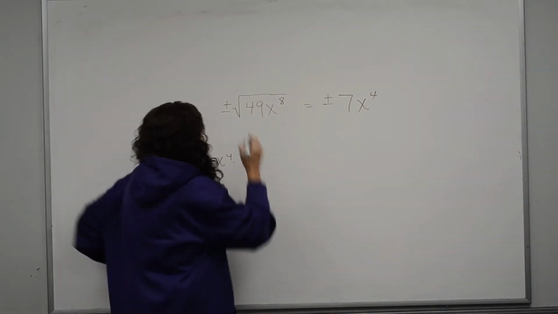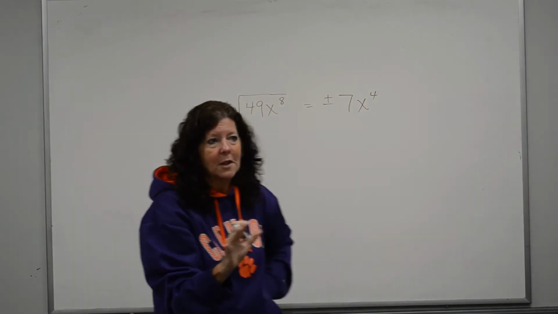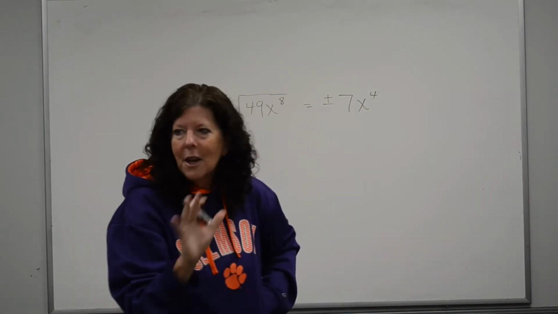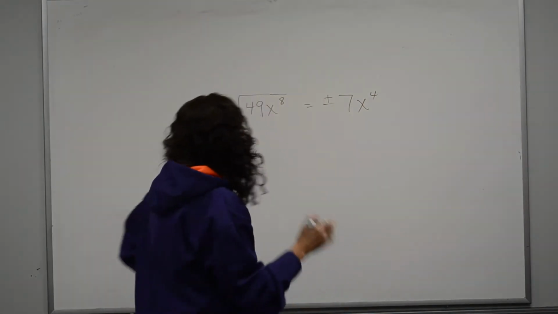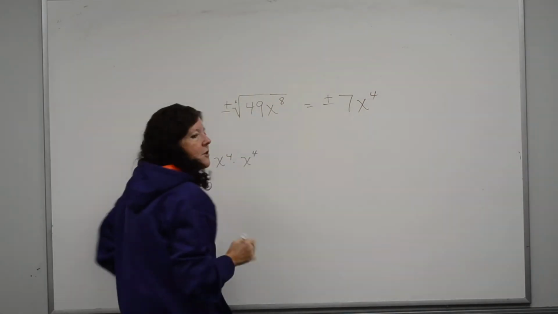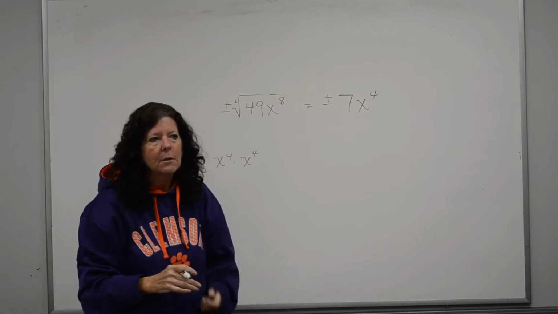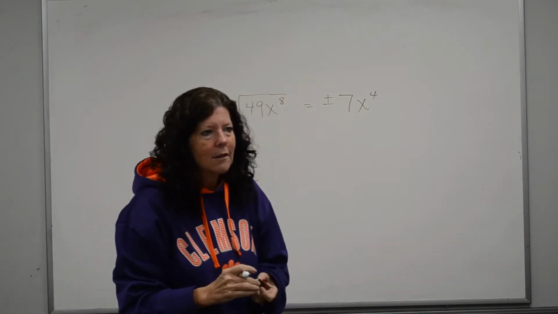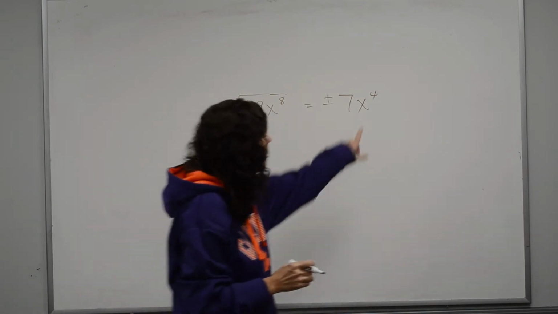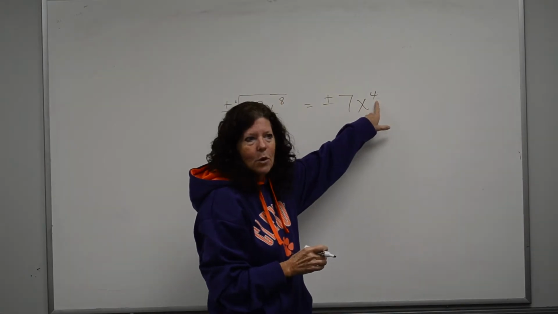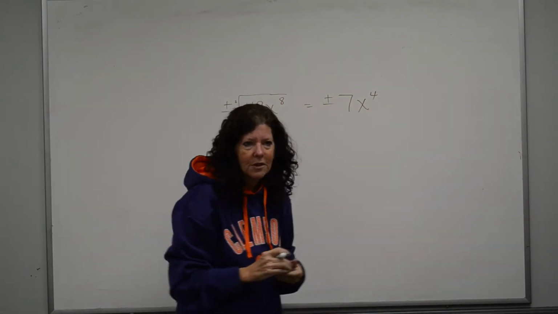Shortcut is this, and it only works with the variables. Doesn't work with the numbers. Okay, now the numbers we're going to do something else to, but there's an understood 2 there, right? 2 times what equals 8 without going over 8? 4. How about that? Works every single time.